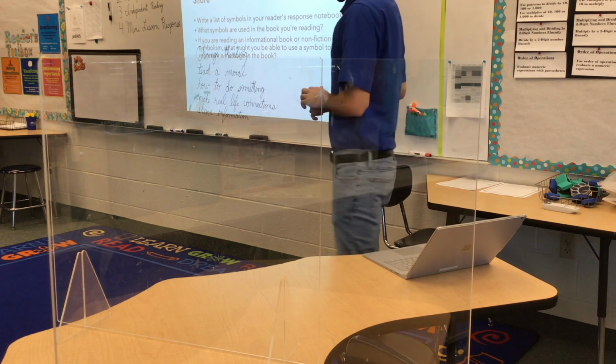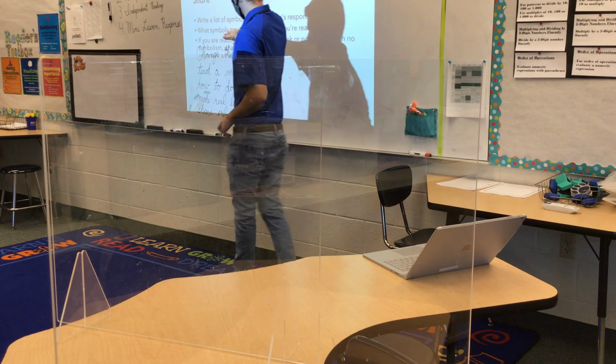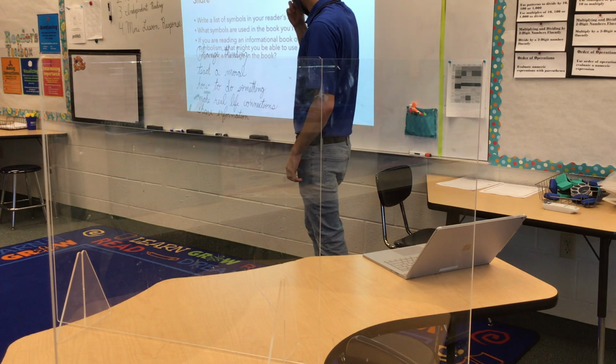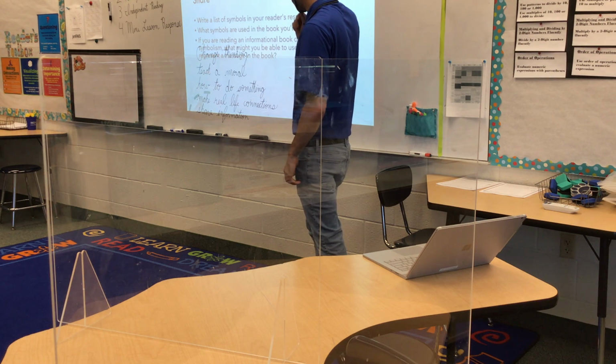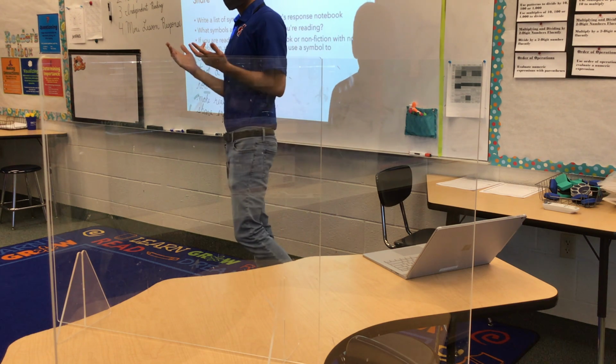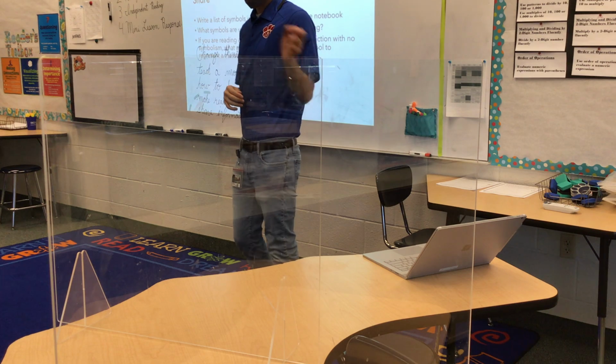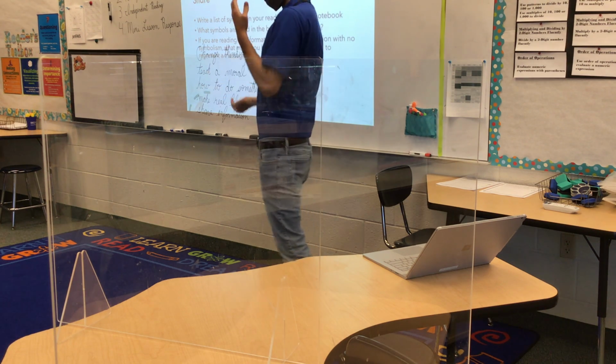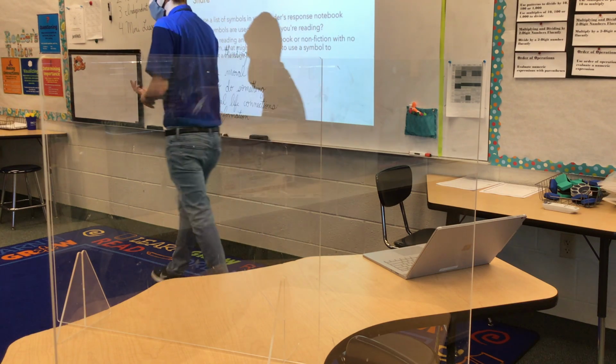So this is going to be your mini lesson response. Write a list of symbols in your reader's response notebook. So we did this already with sticky notes at the beginning of the week. You came up with one symbol. Now you're going to come up with a list. This could come from your book that you're reading in library.